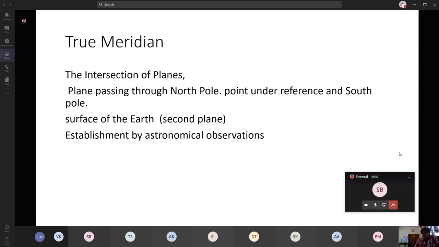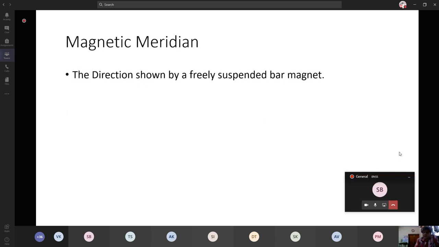It is not an ordinary triangle, it is a spherical triangle, and then we deduce and find out the true bearing of the line from a point. So this is the establishment by astronomical observation.